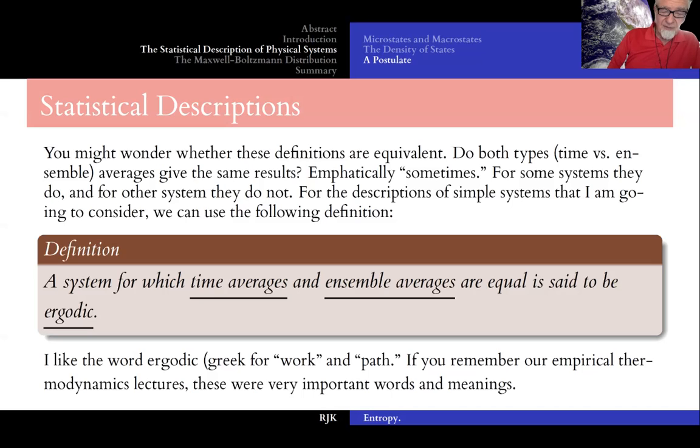It's Greek for work and path. And if you remember our empirical thermodynamics lectures, work and path were very important words in thermodynamics. So we're going to assume ergodicity.